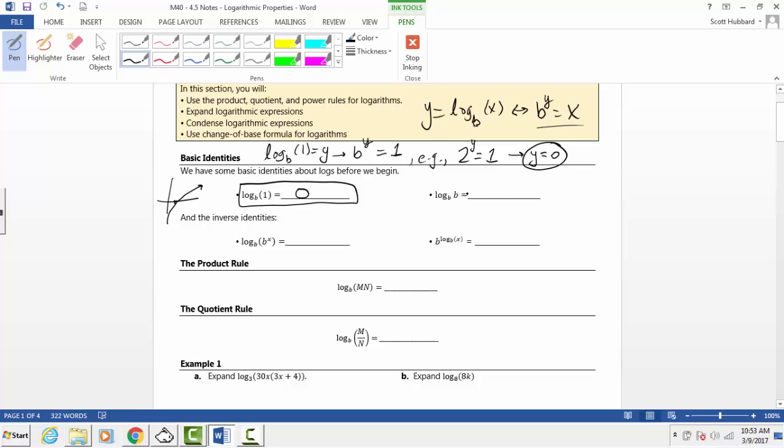Okay. This next one, log base b of b, well, again, let me erase all this stuff here. Let's think about it in the same way. If we have log base b of b, let's just call that an unknown number. Log base b of b is some unknown number. And again, why don't we choose actual values of b to make it a little simpler. So let's say log base 5 of 5.